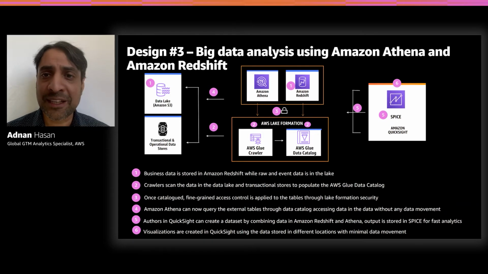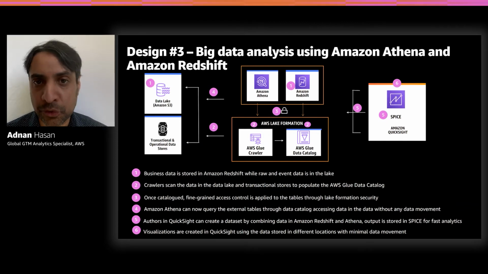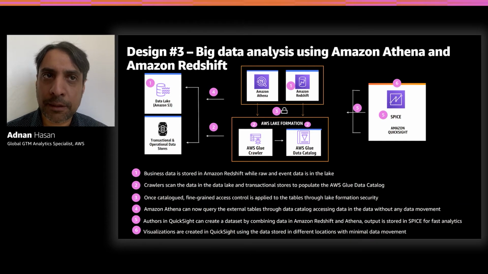And once those data sets are created in QuickSight, the analyst can combine them together to create another mashed up data set that could be used for the visualization. So this is another common pattern that we have seen. And this is what allows you to perform ad hoc analysis and controlled analysis in your environment.